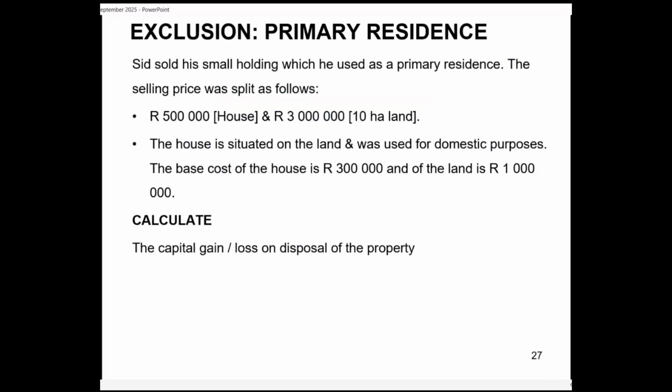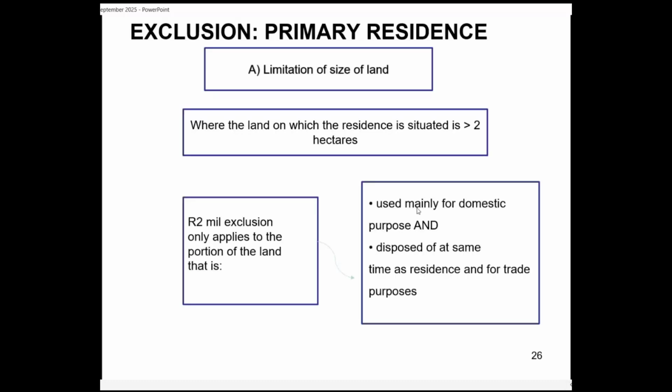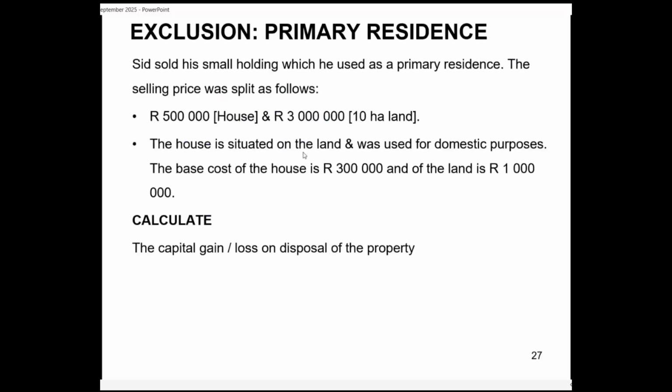In this situation, the house is situated on the land, and remember the land is 10 hectares and the house is 500,000. The house is situated on land that is used for domestic purposes, so the land must be used mainly for domestic purposes. And the other rule is that it must be disposed of at the same time as the residence.